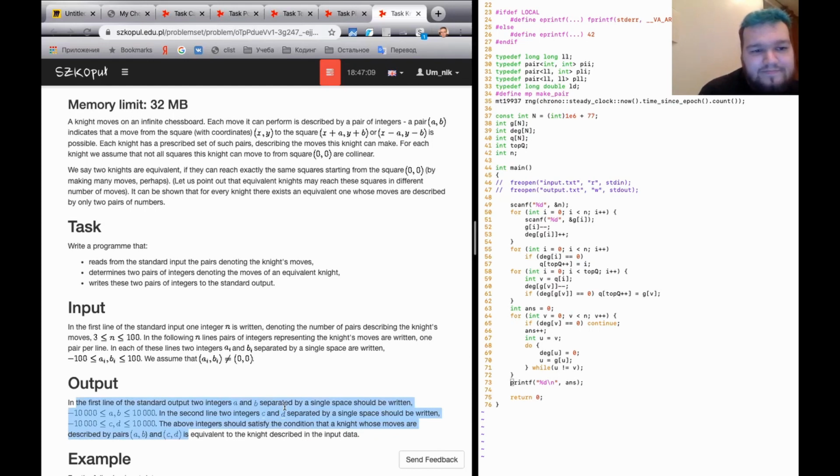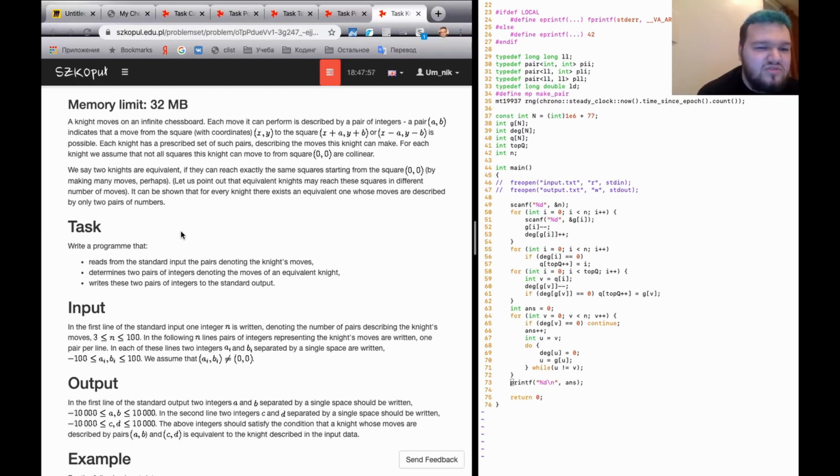So the set of squares we can go to is linear combinations with integer coefficients of our starting vectors.